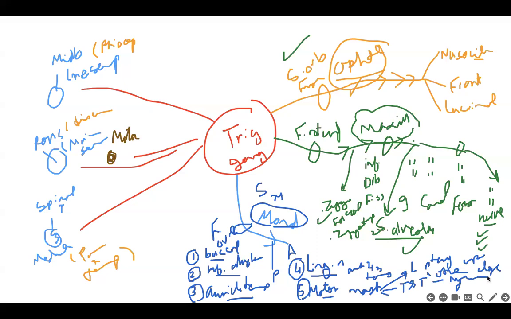So, if any patient comes to your clinic and you want to test the trigeminal nerve, ask the patient to close the mouth against resistance to assess the function of the masseter, medial pterygoid and temporalis. Also ask the patient to open the mouth as much as he can against resistance to assess the lateral pterygoid.